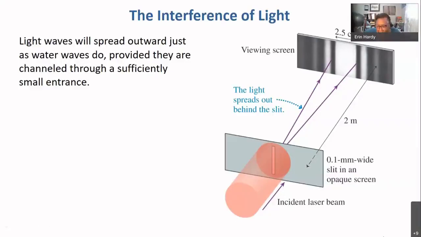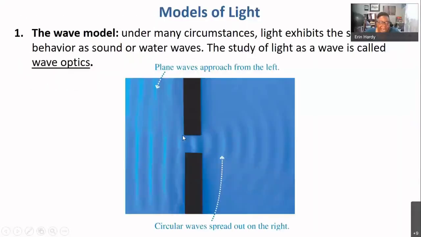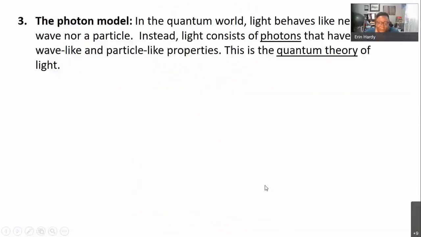Okay, so again, we're just talking about the wave model for this discussion here. And this little image is pretty much the same as the demonstration with the water wave that's passing through this aperture. We have straight, linear wavefronts that become curved.